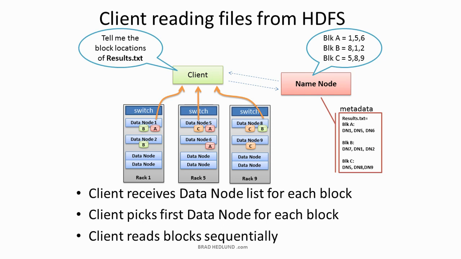The client then picks the first data node for each block and gets the data from those data nodes directly, and sequentially, actually, so that you have the right order and you have the file in its integrity. If it does not receive a block from the first data node that it tries, it will move on to the next one. Okay, so that's how the read operations are sequenced.